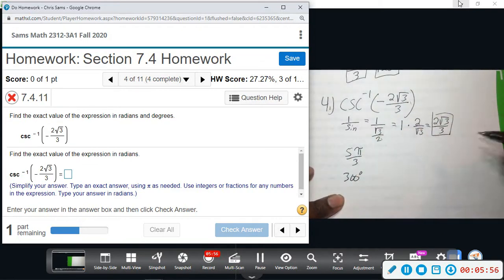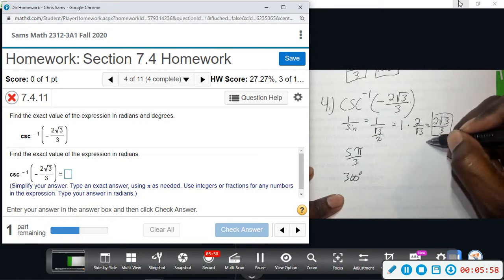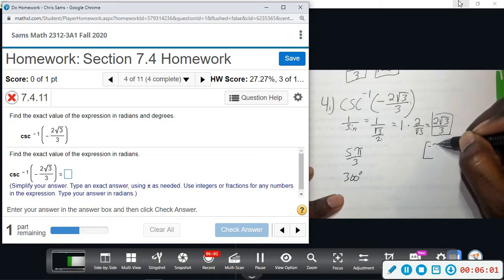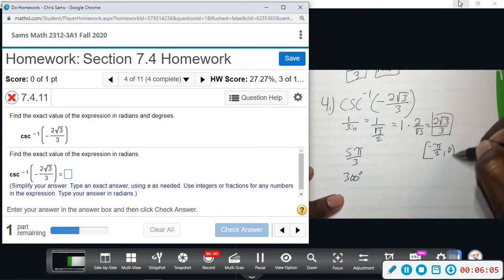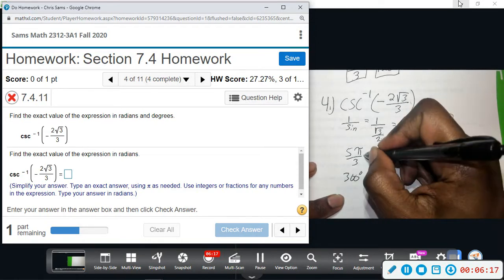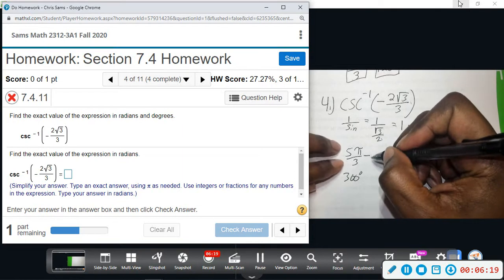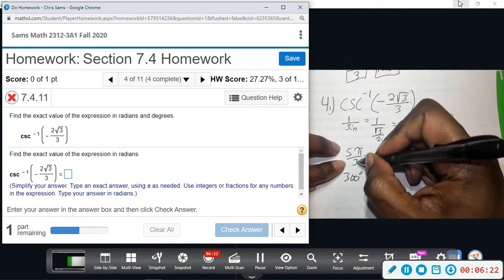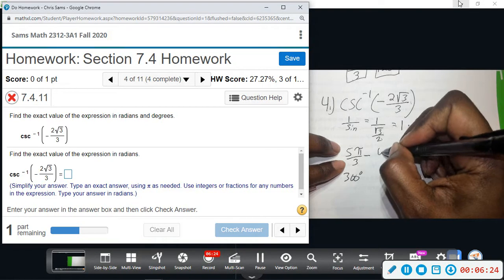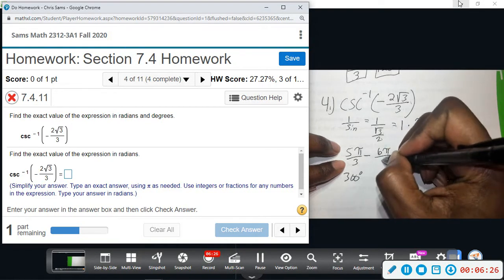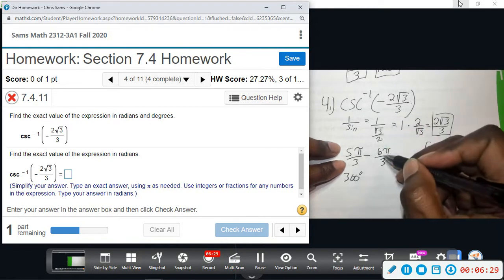Now we have to adhere to our restrictions, meaning we need to convert this so that it is between negative pi over 2 and 0, and 0 and pi over 2. The same method we used for sine will apply. We have to subtract 2 pi. I'm going to convert 2 pi: the common denominator is 3, so 2 pi times 3 gives me 6 pi over 3, which is still 2 pi.